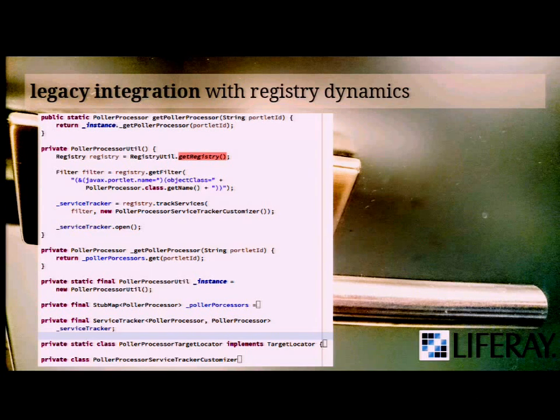Here we just flipped it around. That collection is actually being managed by a service tracker, which is dynamically updating a concurrent collection. So as the system evolves, we're literally updating the static part of the application. So the dynamics are working just as well inside of our outer static application as they are inside the OSGi framework.